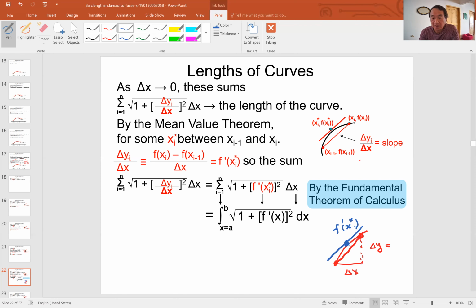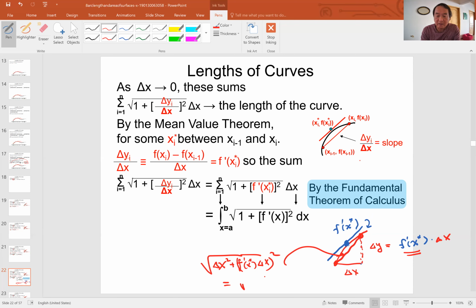If that's the slope of the red line, then delta y is going to be f prime at that point times delta x, because if the slope of the red line is this much, then delta y has to be this. Then by the Pythagorean theorem, the length of that piece is the square root of delta x squared plus f prime of x star times delta x squared.